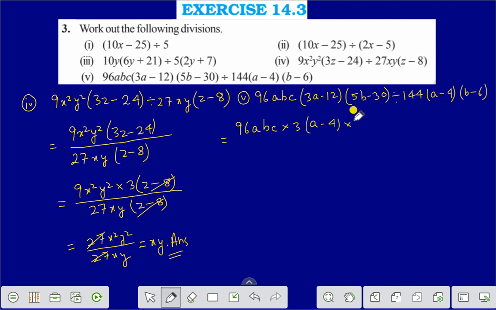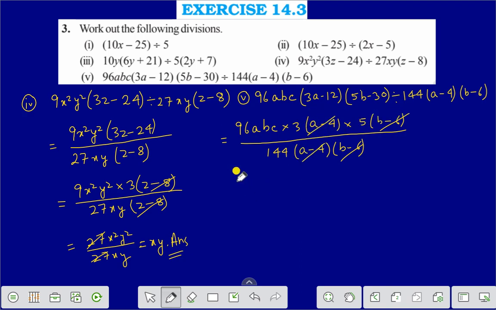Again, if we take 5 as common, then we are getting b minus 6, divided by 144 times (a minus 4) times (b minus 6). This b minus 6 will cancel, and a minus 4 will also cancel, right?